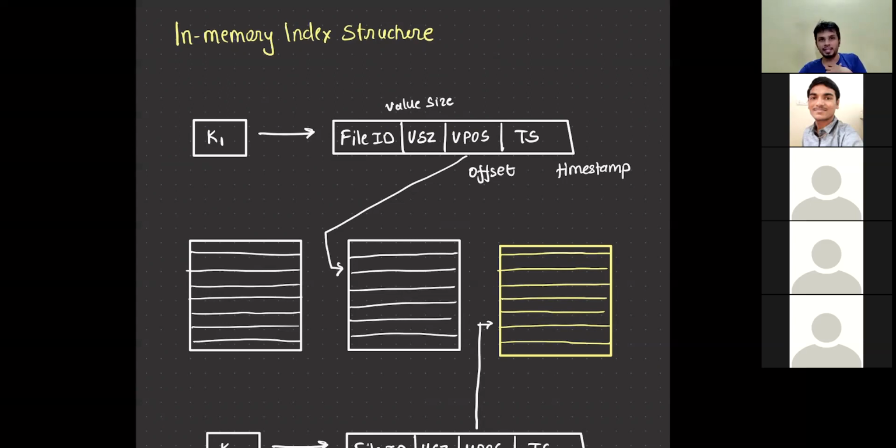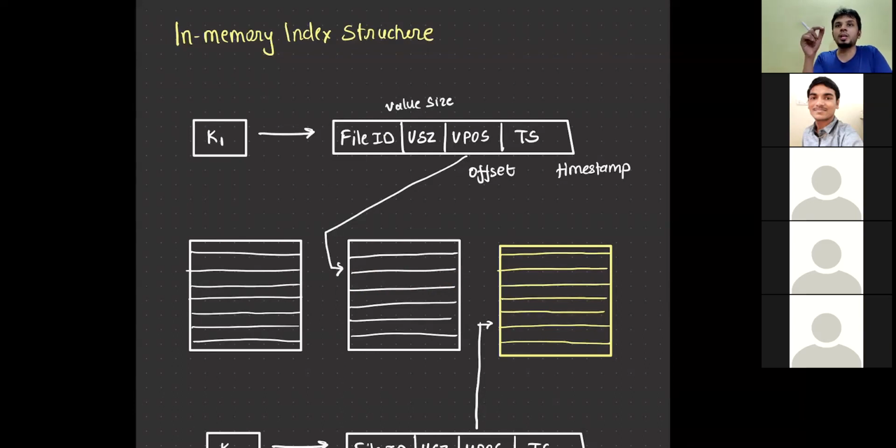But my best guess is that I might have misinterpreted what they want to say. Is this V size not just the value size? It's the size of this entire entry. Right, in one shot, I would read that many bytes, and within that, I would have key size and value size.